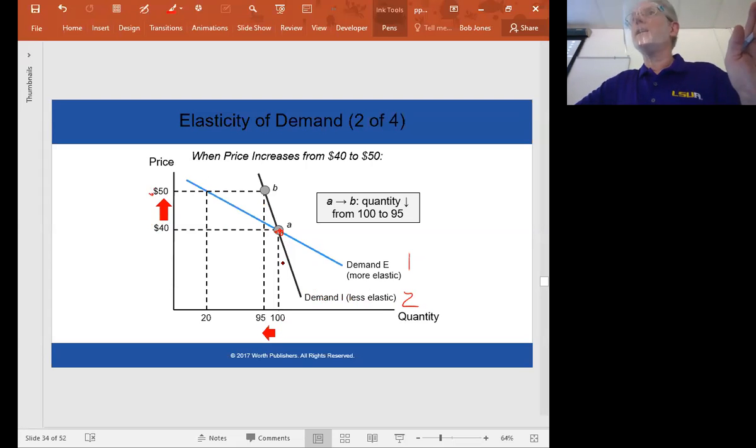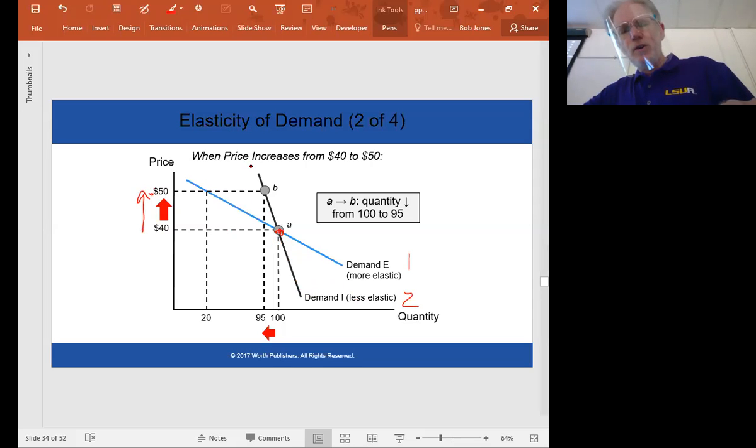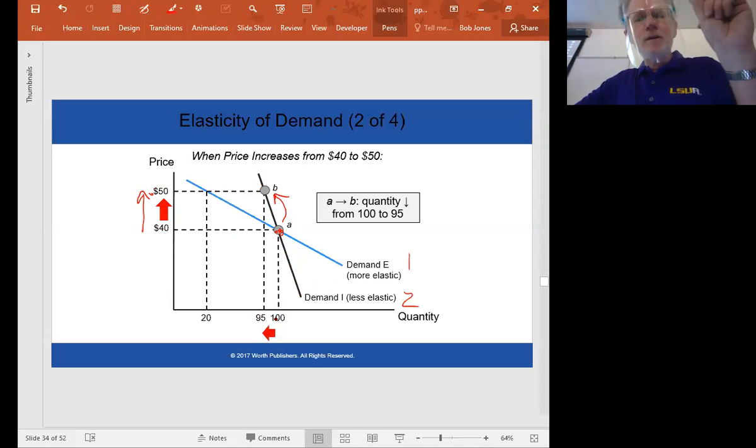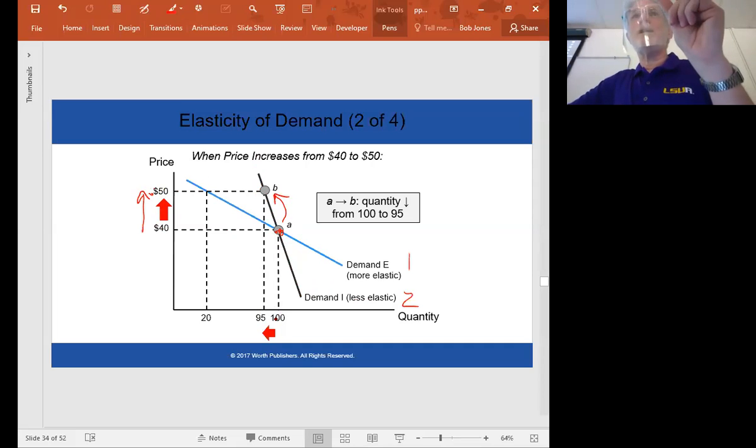What's the change? We go from 40 to 50. We move from this point on, if we're looking at demand 2, that'll be this curve, the steeper curve. When the price goes from 40 to 50, we move from point A to point B, which means the quantity demanded goes from 100 to 95. The $10 change in price led to a 5-unit change in the quantity demanded. Okay?